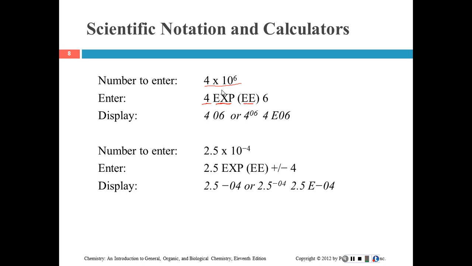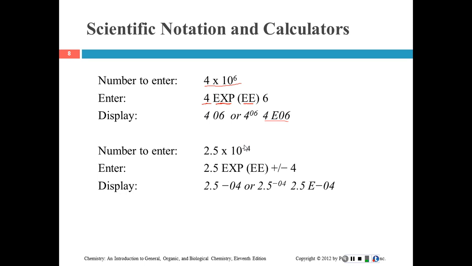If you do 4 and then EXP 6, if that's what yours has, or 4 EE 6, then you will get a display that looks kind of weird. It's like 406, or it could be 4 with the 06 as a superscript, or it could even say 4E06, which is what mine does. That means 4 times 10 to the 6. Okay, you just have to remember that.